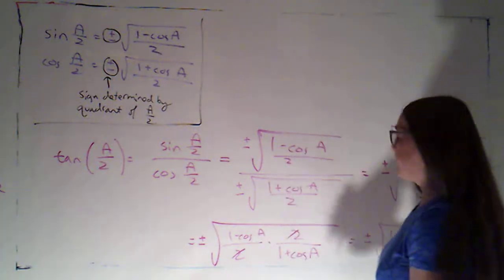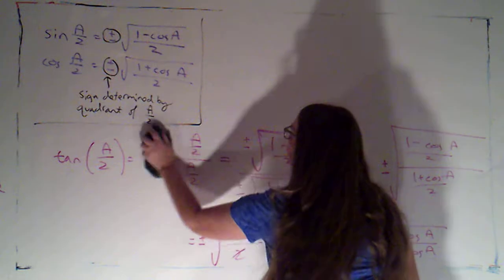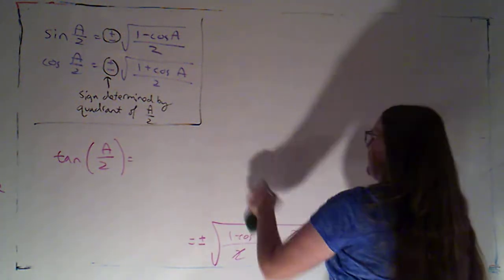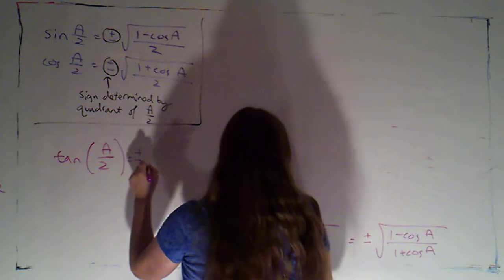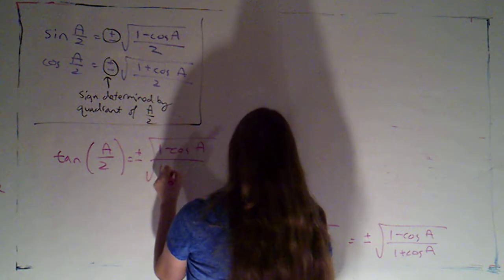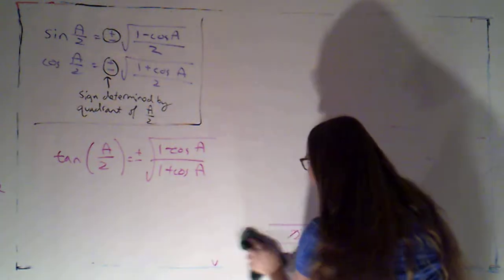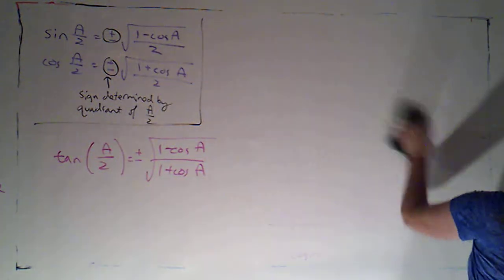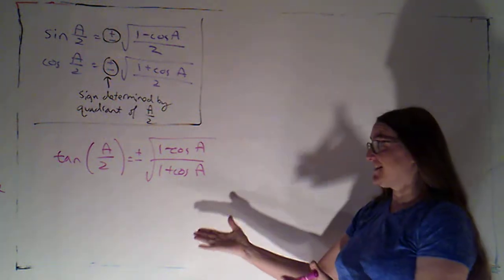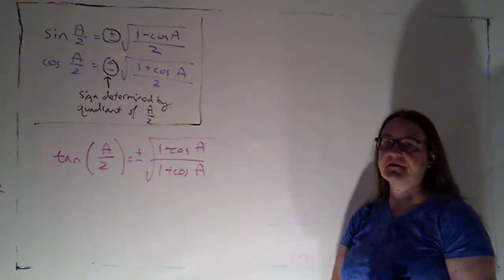So that's the first version for tangent of A over 2: plus or minus the square root of (1 minus cosine A) over (1 plus cosine A). I think it's the simplest to derive because it falls directly out of the quotient identity, that tangent is sine over cosine, and the half-angle formulas for sine and cosine.